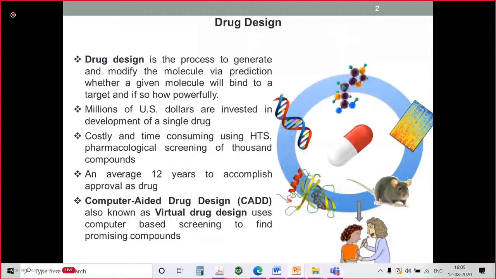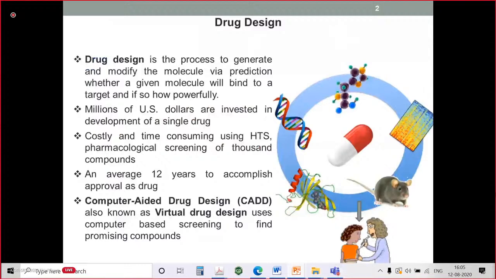and time. Millions of US dollars are invested to develop a single drug, and that is very costly, of course. It involves different processes, beginning from high throughput screening, thereafter pharmacological screening of thousands of compounds, and then preclinical and clinical evaluation before coming into the market.